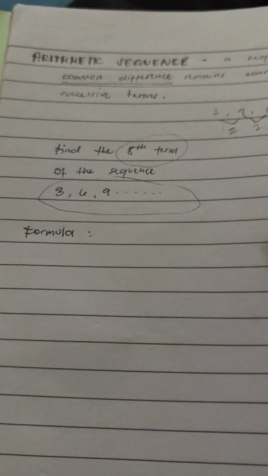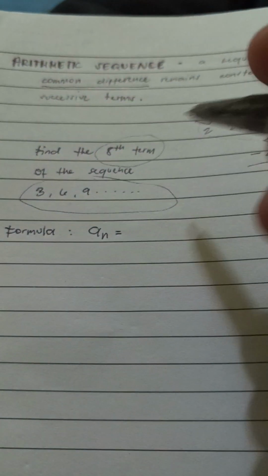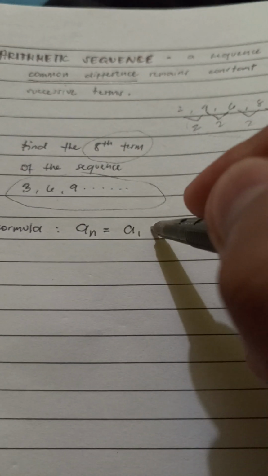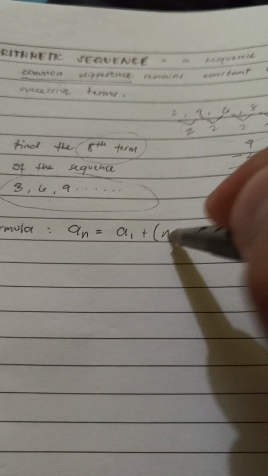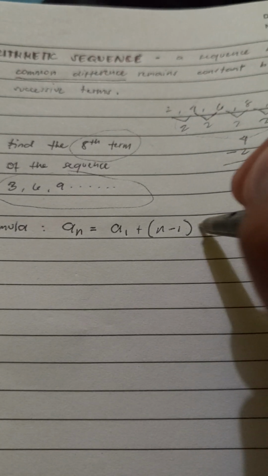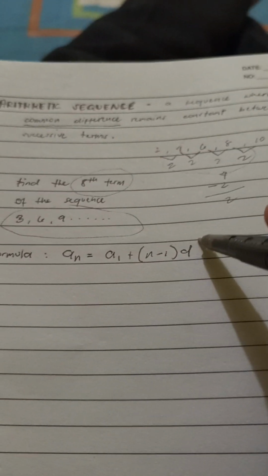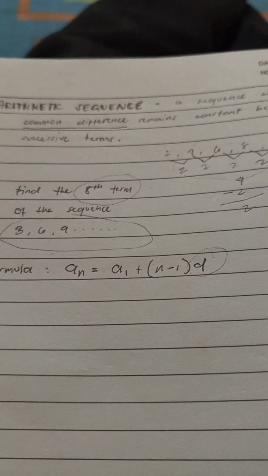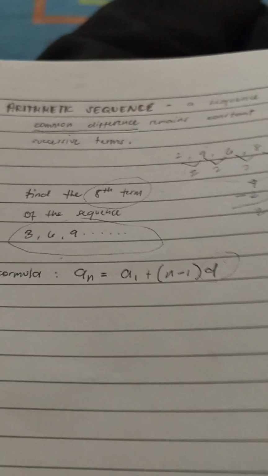The formula is a sub n equals a sub 1 plus n minus 1 times d. D is the representation of the common difference. This formula is important to get the term that we need to find.